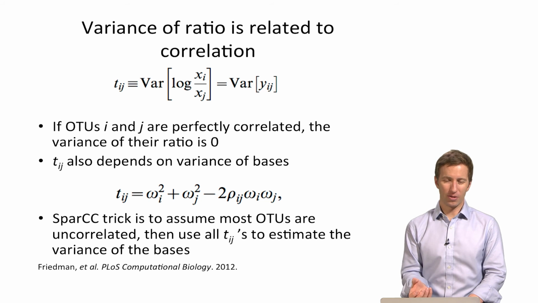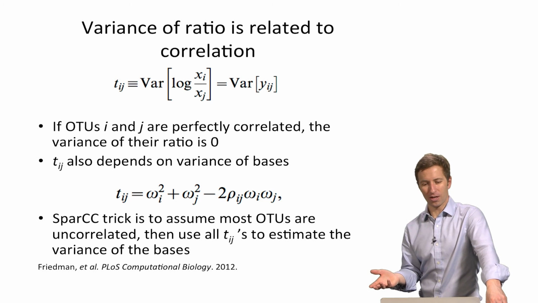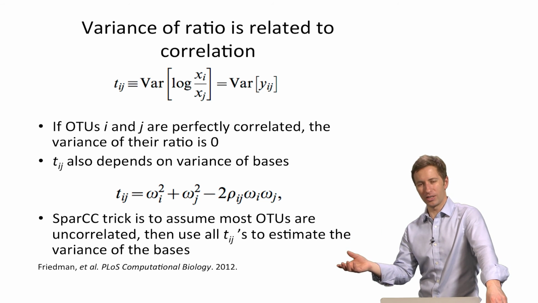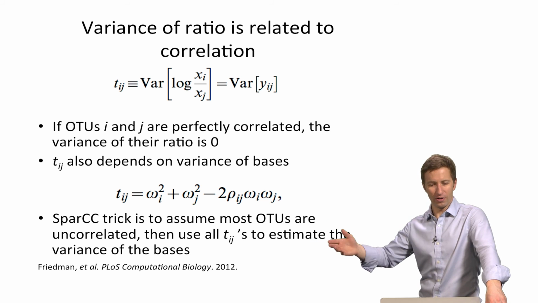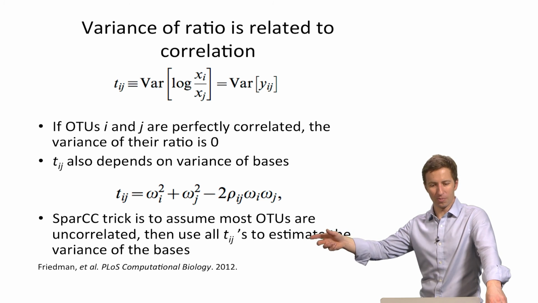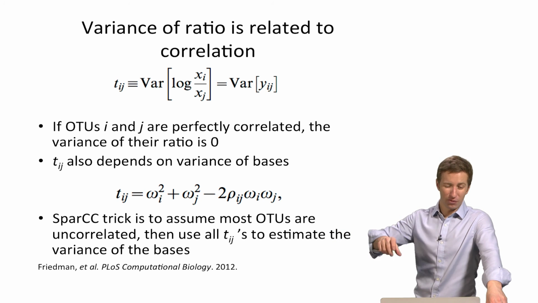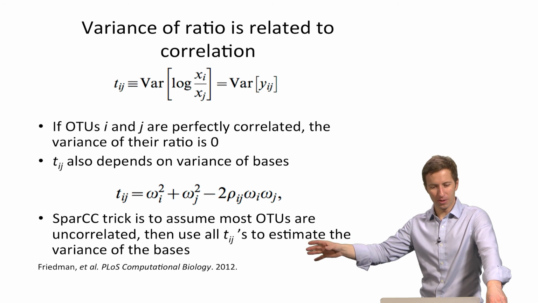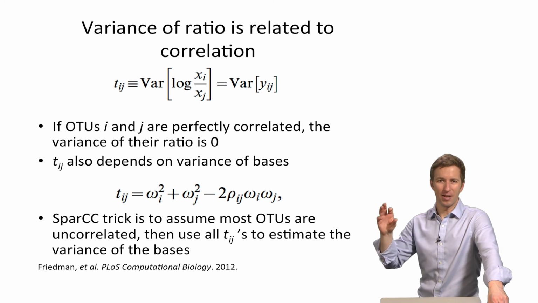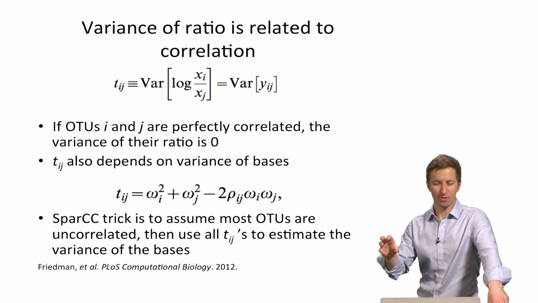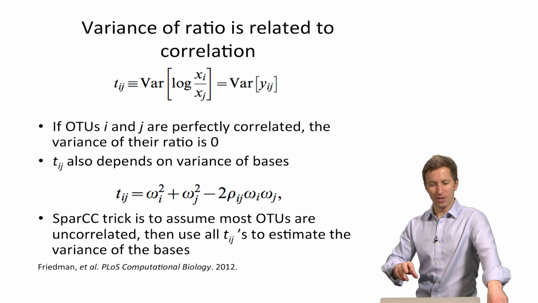Instead, they start with the assumption that most of the bugs are not correlated, so they set the rho ij's to 0, then easily solve for the variances, these w terms or omega terms, and then iteratively go back and figure out, if they assume that those are correct, what the rho ij terms should be. Then they pick a few of those that they think are real, like the most correlated bugs, remove them, set the rest of them to 0, and repeat.